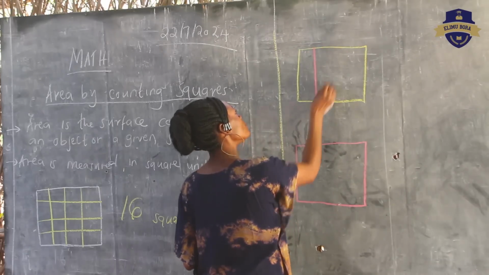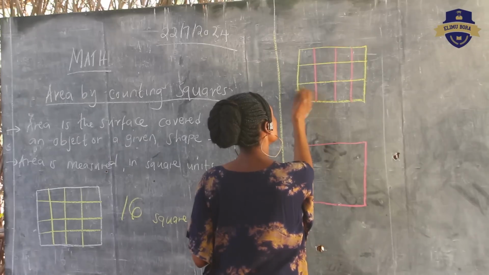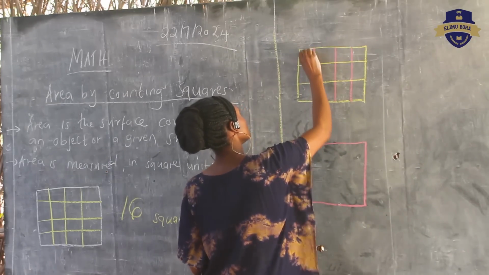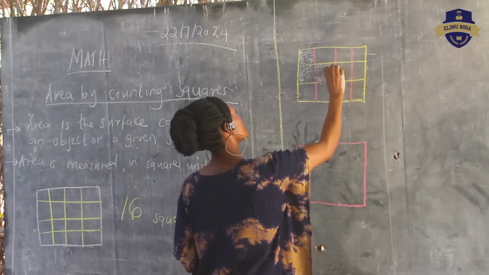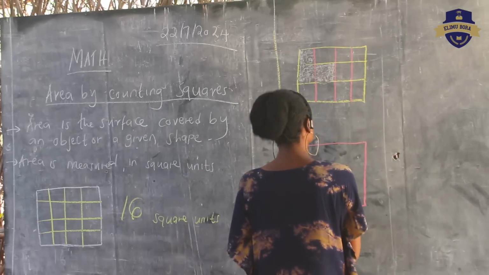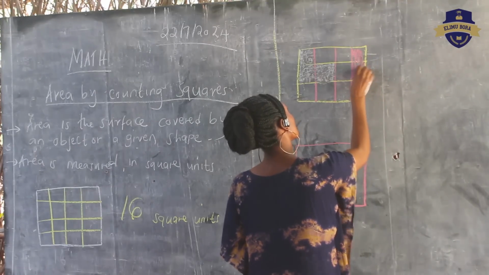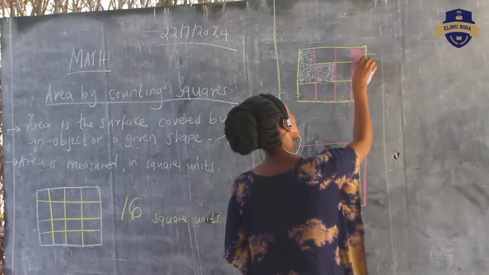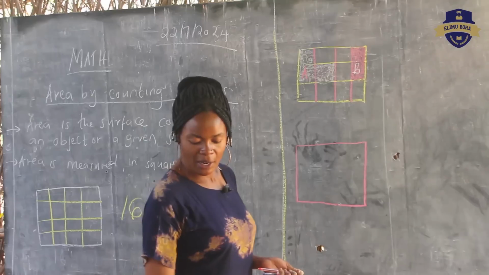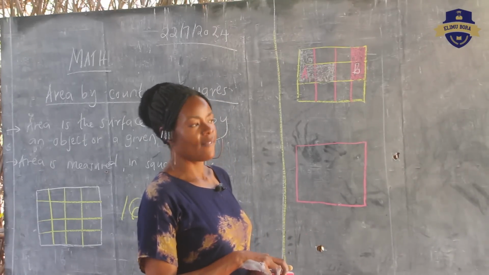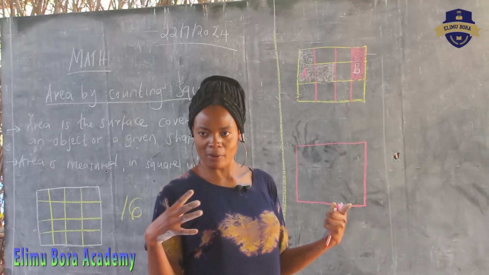So here we are simply going to give out the surface that has been occupied, whether big or small.